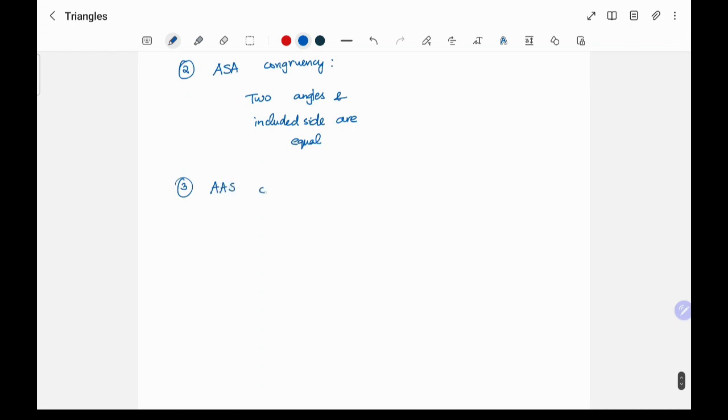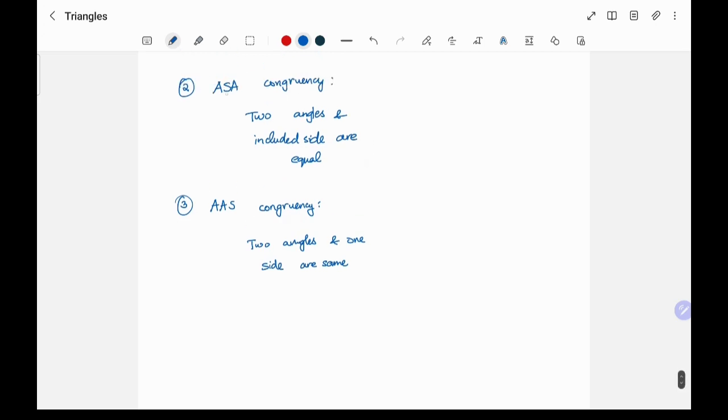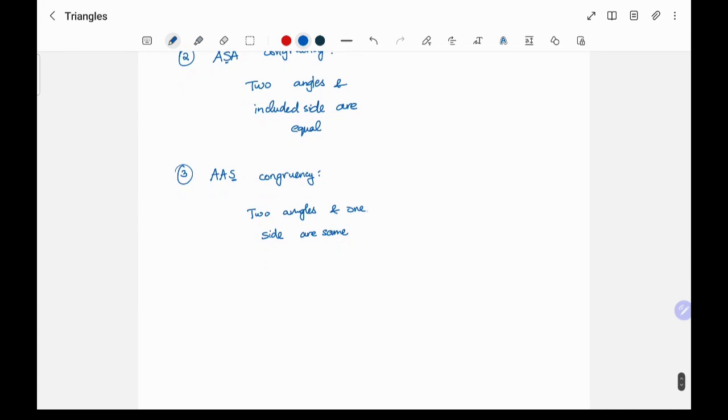The third one is AAS congruency. So in AAS congruency, what do we have? Any two angles and one side are the same. In ASA the side is the included side, so S comes in between. Here the S is coming outside, so it is the opposite.